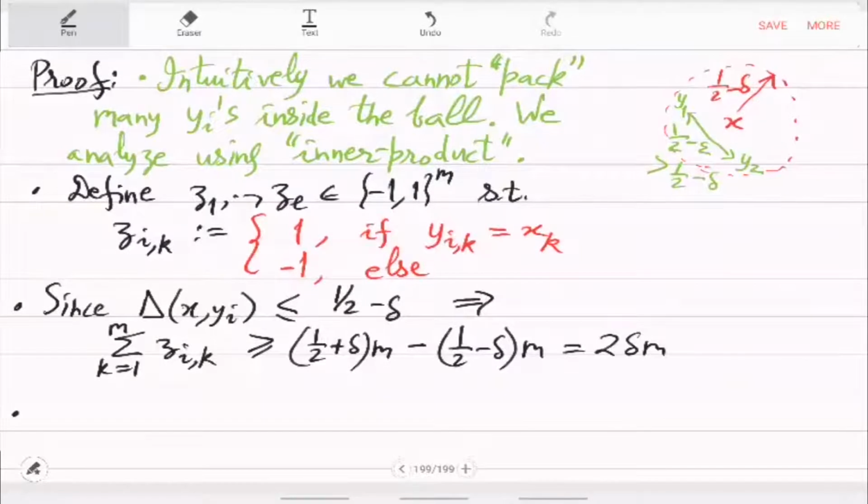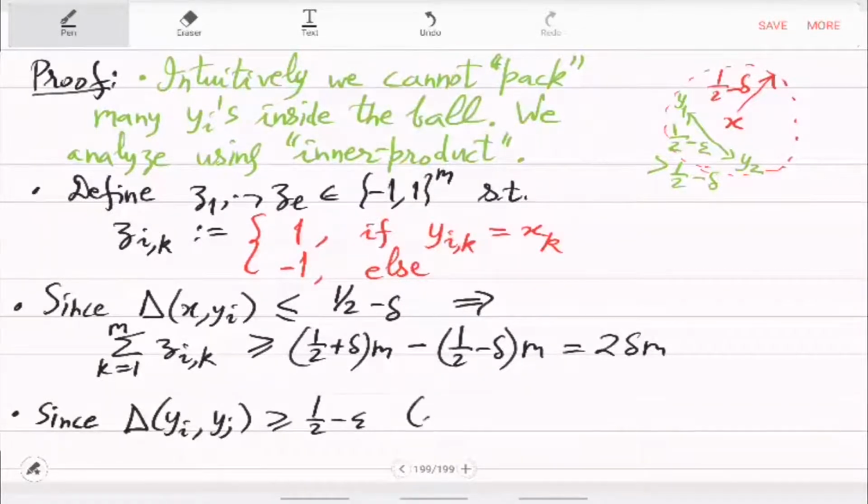On the other hand, the opposite pressure is that yi and yj have to be far apart by the notion of distance. That gives you something else. Since yi, yj are away, what you will get is the inner product of zi, zj.